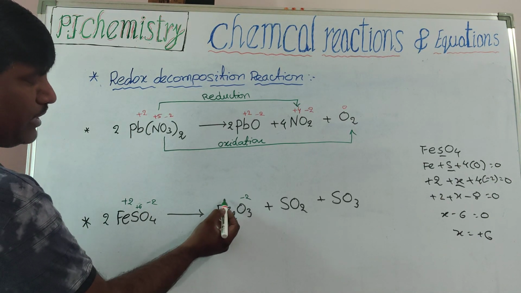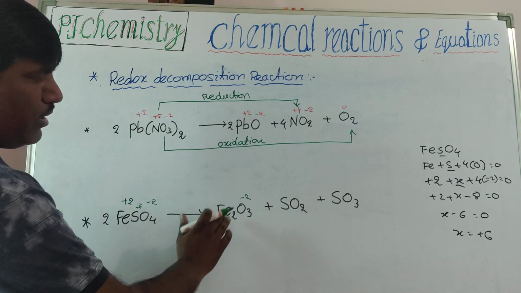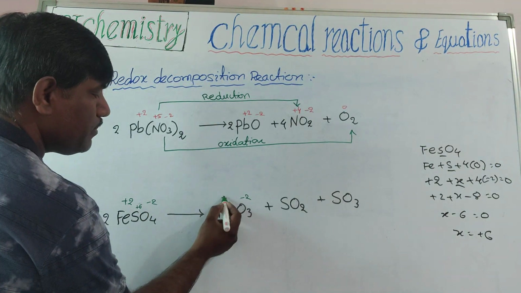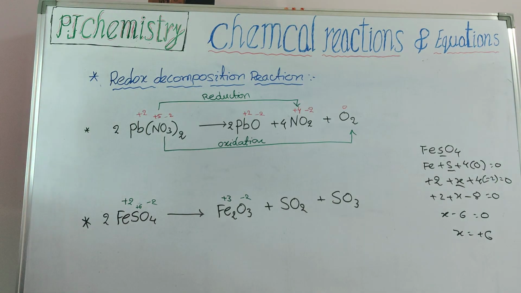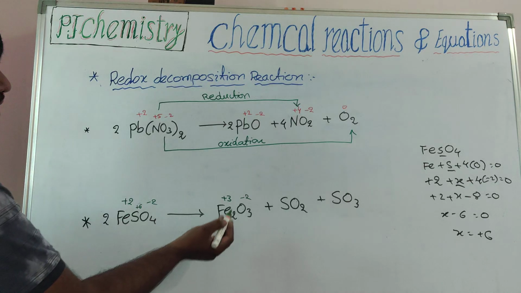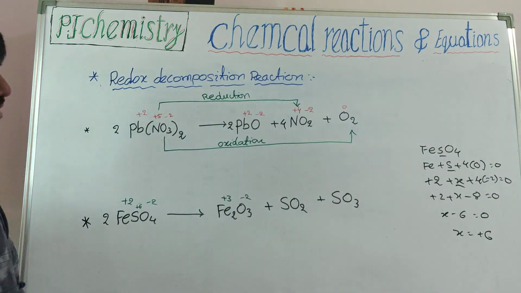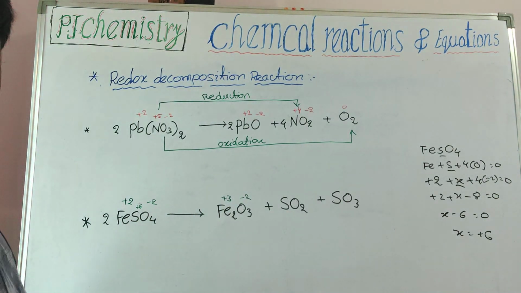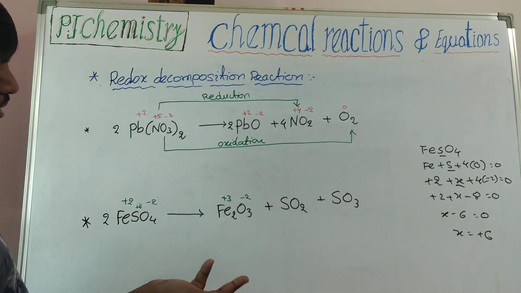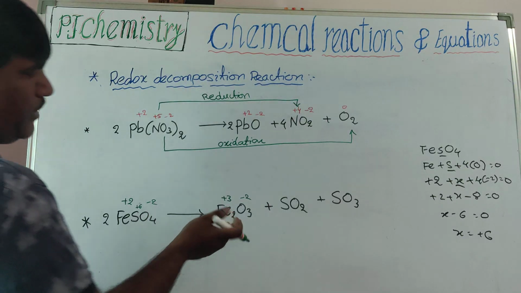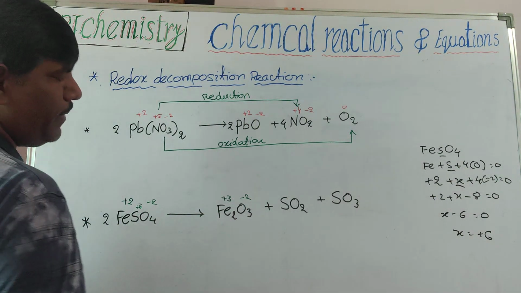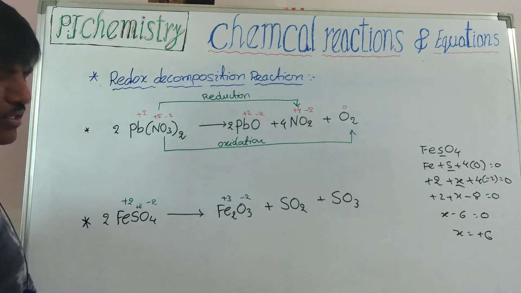Here a total of 6 electrons are lost by 2 irons, meaning 1 iron lost 3 electrons, so +3. For all this confusion, you can go through the calculation: 2 irons plus 3 oxygens. To find iron X, take 3 into -2, which is -6. Sending it to the other side gives +6 over 2X, since 2 irons are there, so you automatically get +3. You can go through the calculation like that.